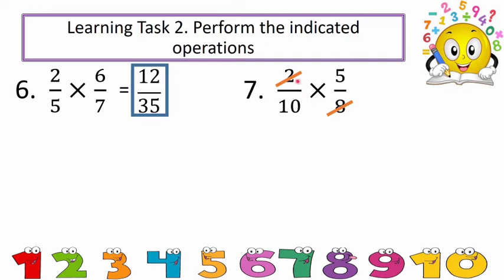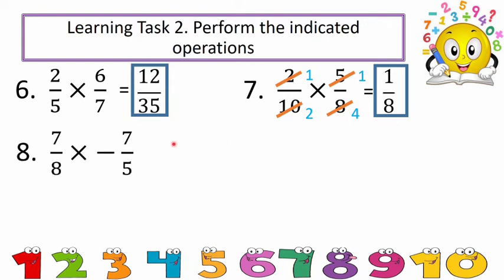So 2 divided by 2 is 1 and 8 divided by 2 is 4. And we can also cancel 5 and 10 because they are both divisible by 5. So 5 divided by 5 is 1 and 10 divided by 5 is 2. So it is equal to 1 times 1, which is 1, and 2 times 4, which is 8. So the product is 1 over 8.